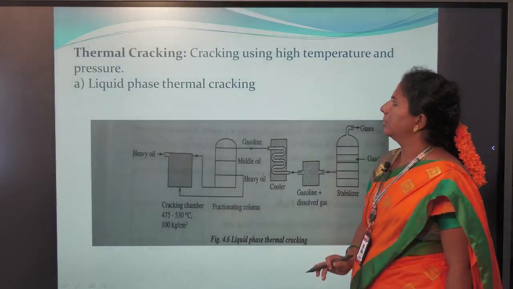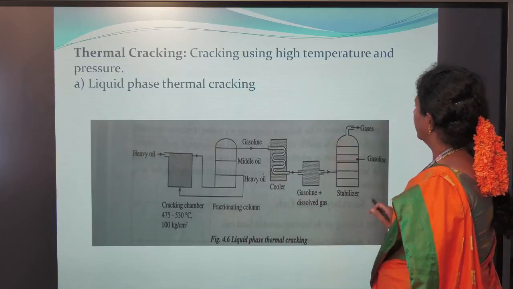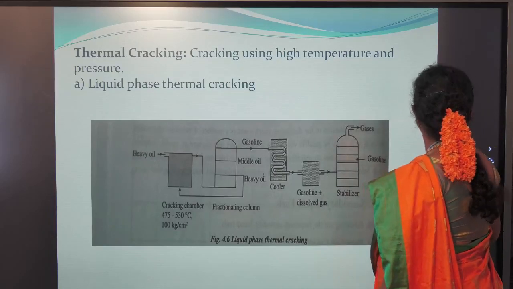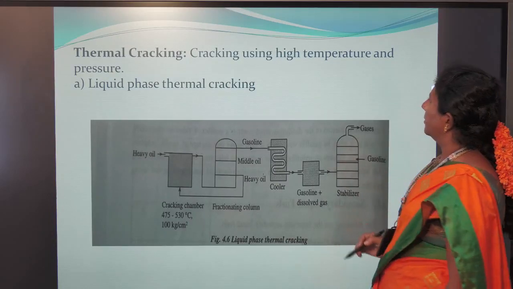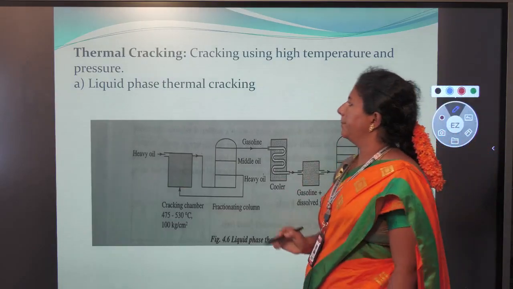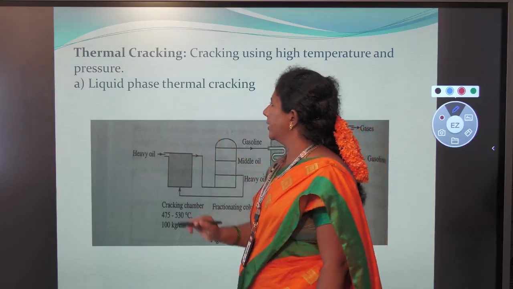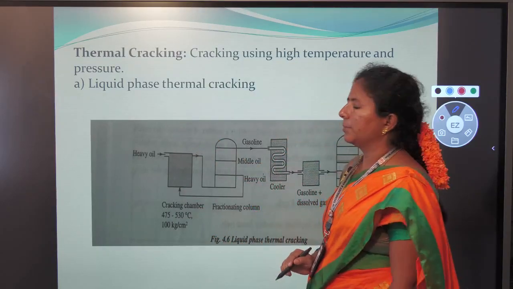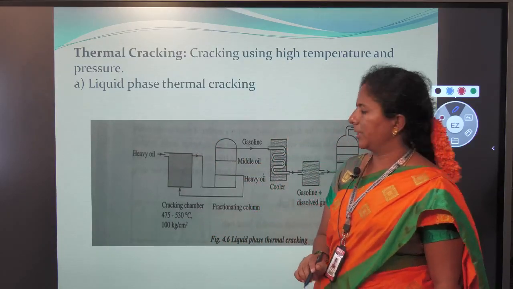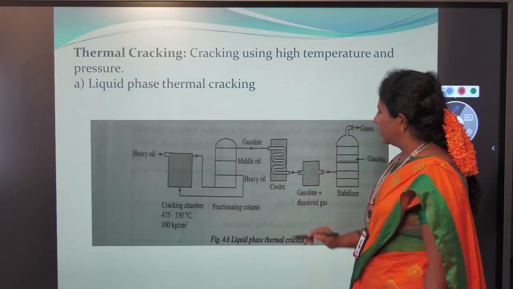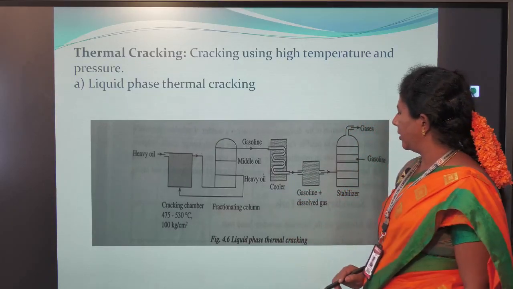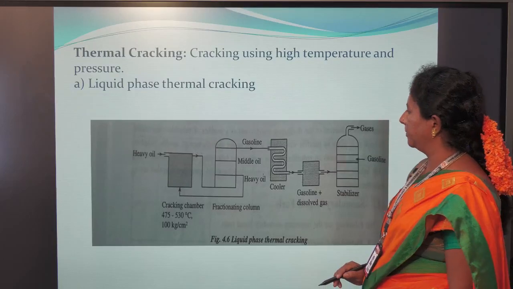Coming to thermal cracking: thermal cracking means cracking using high temperature and pressure. Earlier I told you thermal cracking is of two types, liquid phase thermal cracking and vapor phase thermal cracking. This is the block diagram for liquid phase thermal cracking.